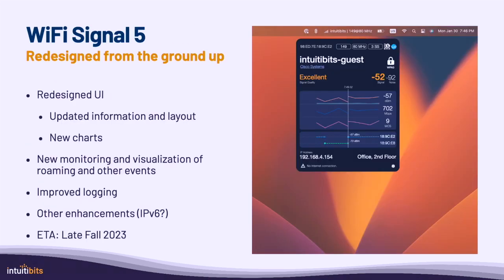And on Wi-Fi Signal, it's going to be a redesigned user interface, taking feedback from the current Wi-Fi Signal application, with some updated information, new layout, new charts. I'll be trying to focus on roaming, monitoring roaming, and showing that in the interface now. And I want to make the interface flexible enough so you can choose what to see.